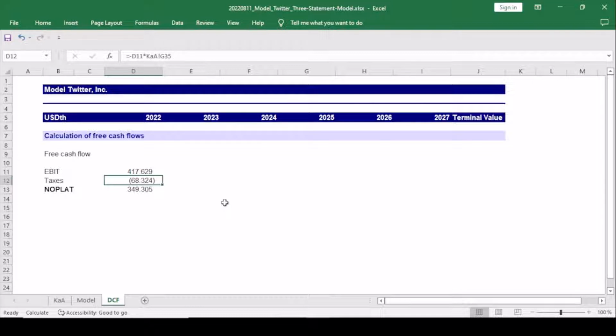Next, we incorporate similar line items we are considering in our operating cash flow section in the model sheet.